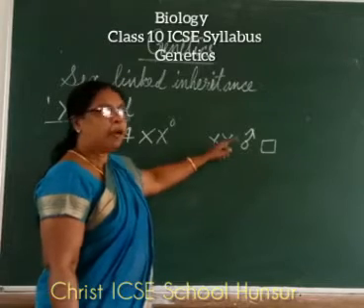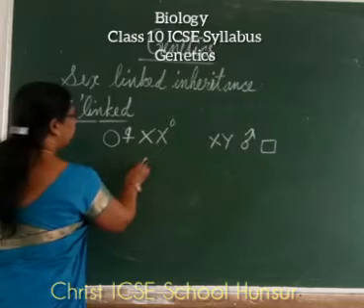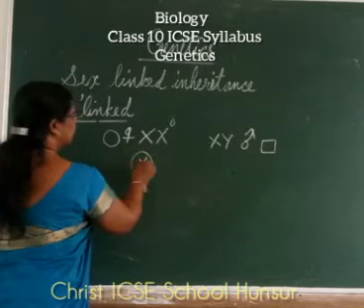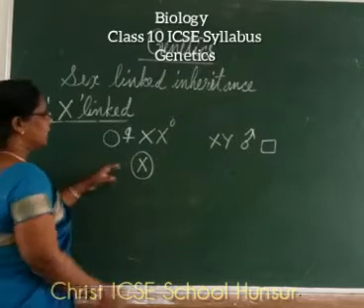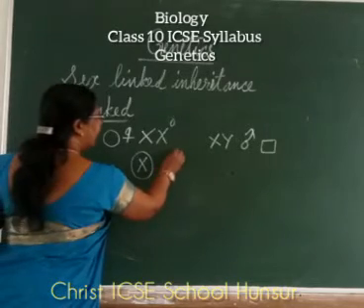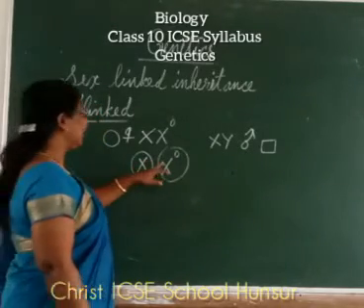Got it? Now, how are the offspring produced? Here there are two possibilities. One, X gametes, you can see. One is X and the other one is X0. Here you can see that the second one is with the X0.